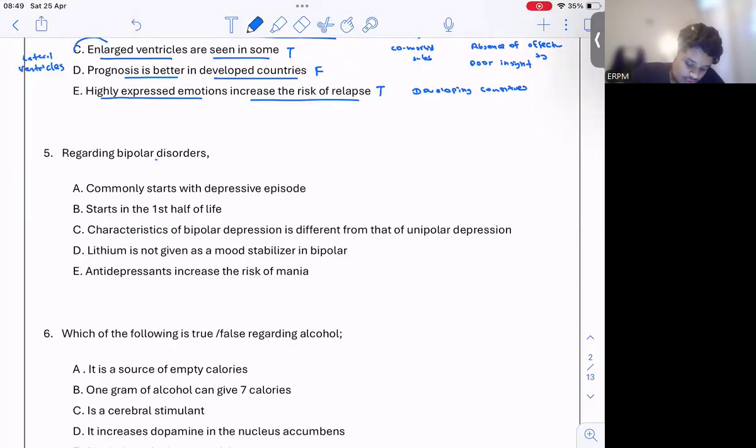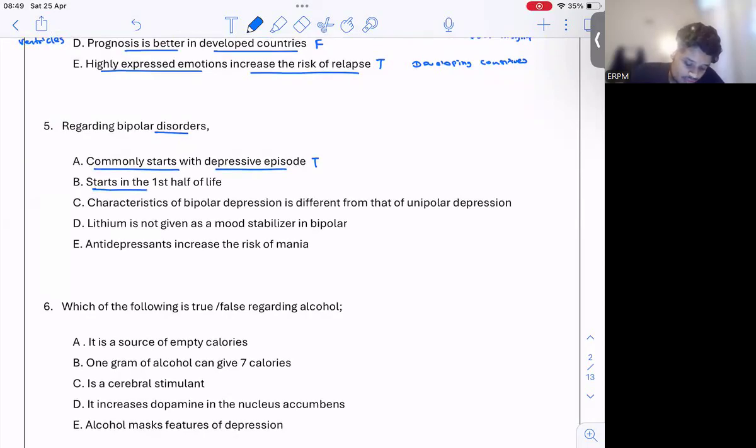Regarding bipolar disorders, commonly starts with depressive episode. Right, that's true. So most of these patients with bipolar, their first episode is depression, and later on they get manic episodes. Okay, it's true.